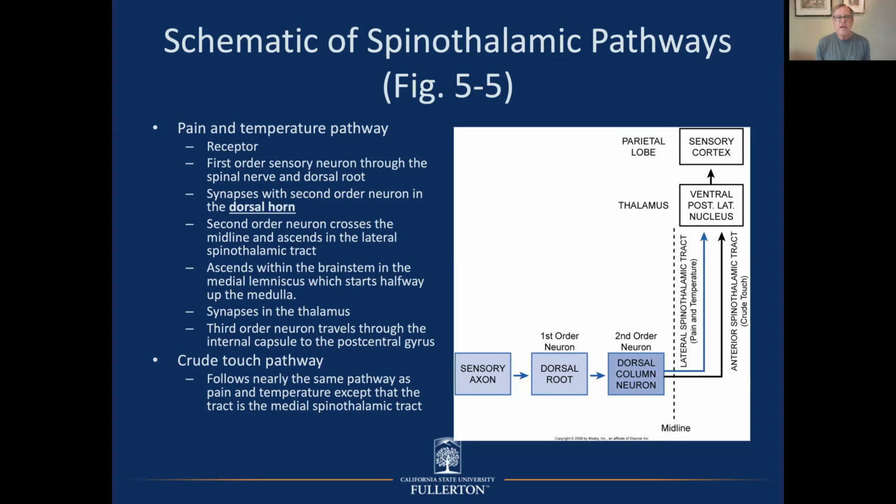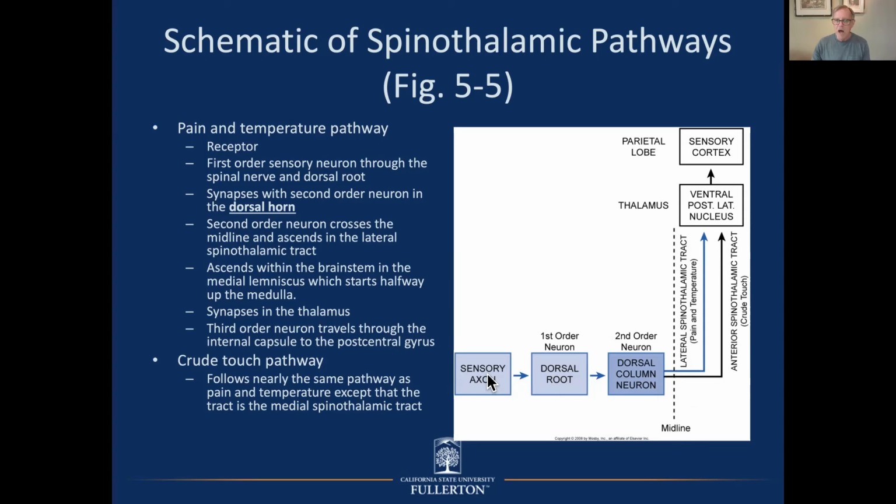And at that point, there is a synapse of the second order neuron in the dorsal horn. So these are neurons that are carrying pain and temperature sensations, and they're going to enter the cord and synapse in the dorsal horn. The second order neuron then crosses the midline, and that is what is being shown here.